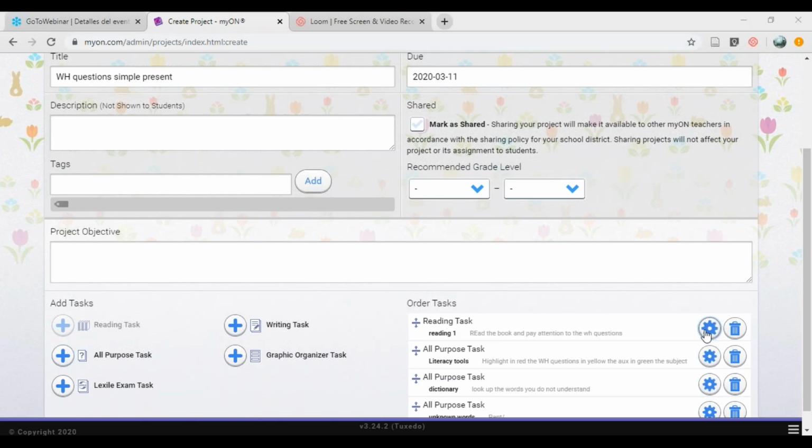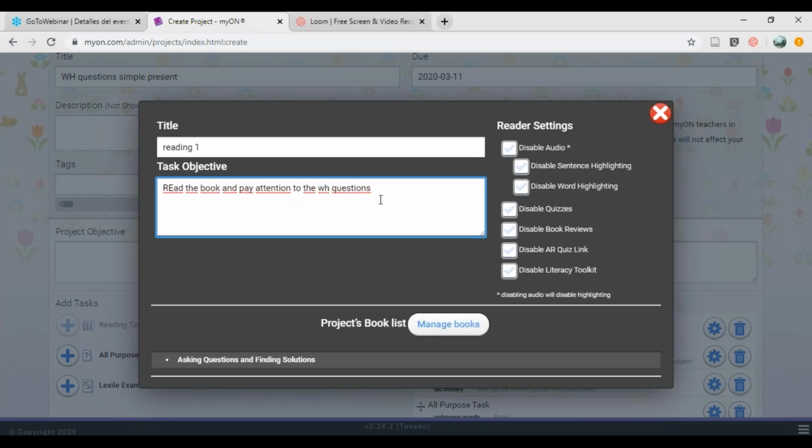You could, for example, right here in task objective, read, you give them the instruction and you do your vocabulary pre-teaching. It depends on how you want to work. They will see absolutely everything that you are writing. So don't worry about that.